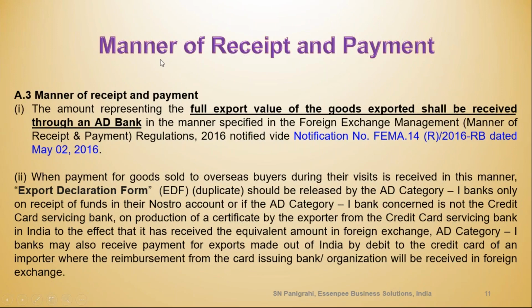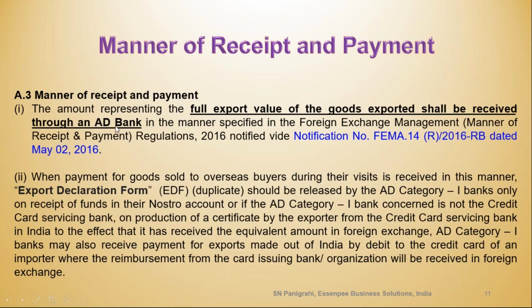Here, as per this RBI regulation, that is as per the foreign trade policy I showed to you, on the manner of receipt and payment, the amount representing the full export value of the goods exported shall be received through an AD bank, meaning an authorized dealer bank.